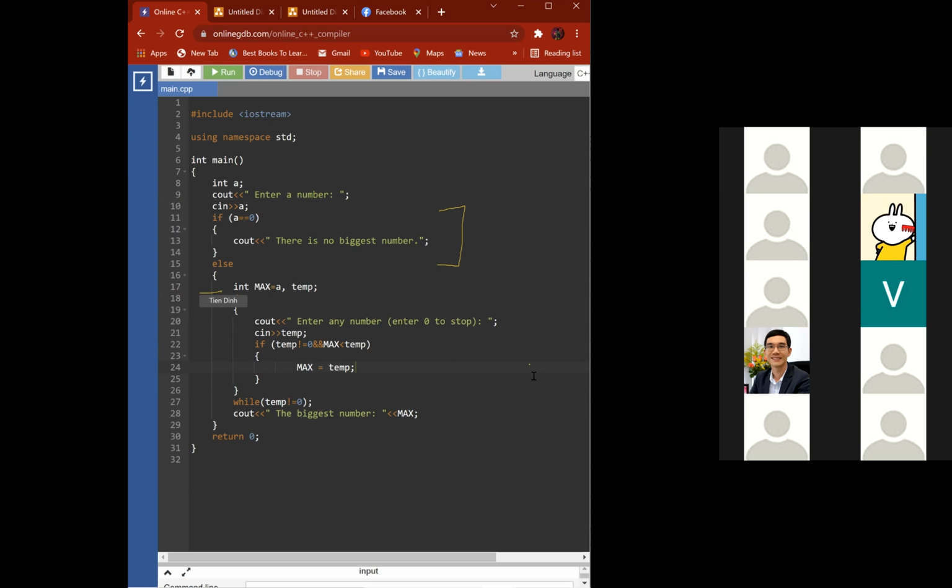Besides that, it sets up the max as A. Enter 0 to start. Is it okay, everyone?